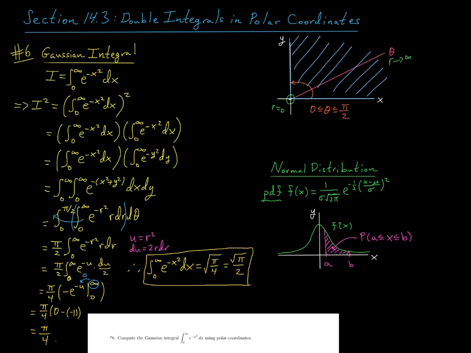Okay, but the use of this comes down to looking at, say, the probability that your variable, whatever you're studying, say something like blood pressure, would fall within certain bounds. That is related to the area under this curve, this exponential thing here.